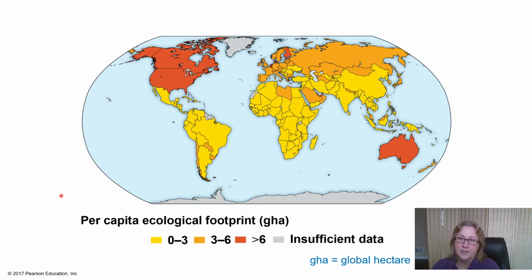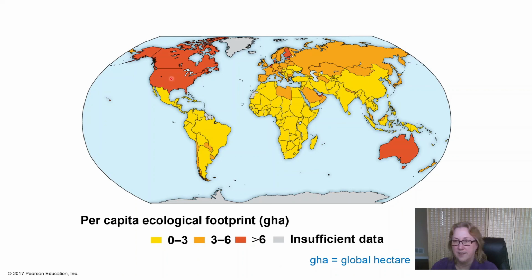So this is somebody's estimate of the ecological footprint of different countries based on the amount of land and resources that are used by individuals in that country. So red is high, more than 6 hectares per person for the red countries.